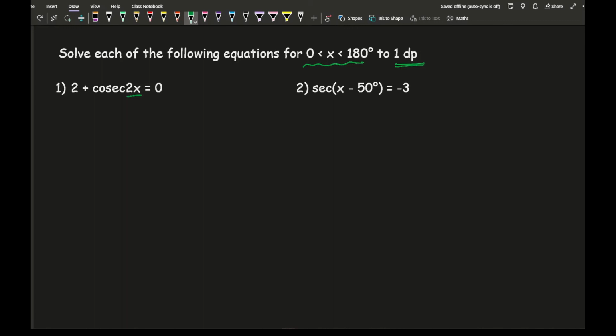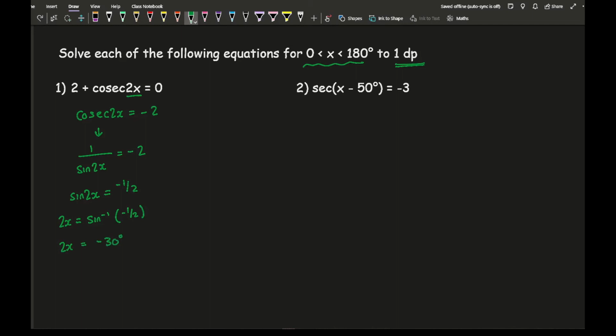So here what we want to do is make cosec 2x the subject. First thing I'm going to do is take the 2 over to the other side, so I get minus 2. Then this becomes 1 over sine 2x equals minus 2. So sine 2x equals minus a half. Now if I do the inverse, I get 2x equals the inverse sine of minus a half, in which I get 2x equals minus 30 degrees.